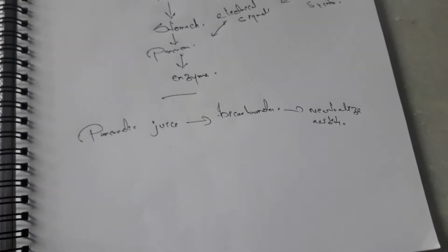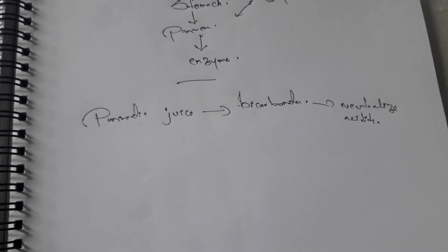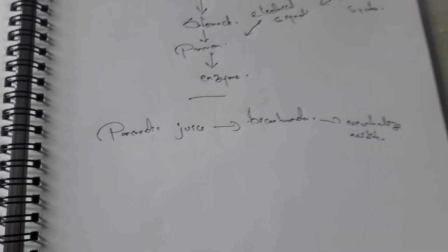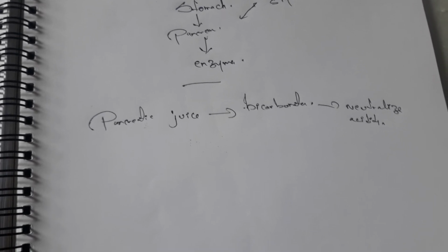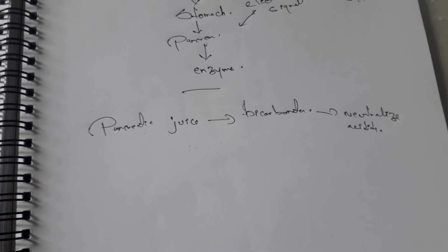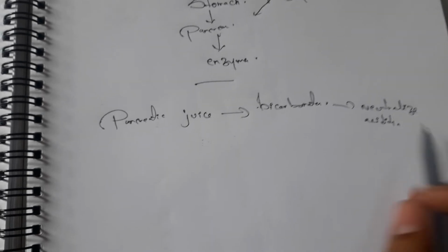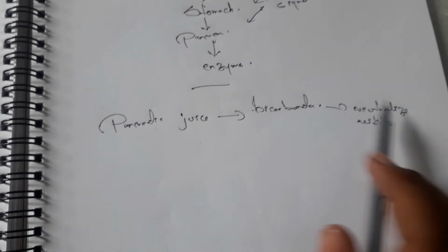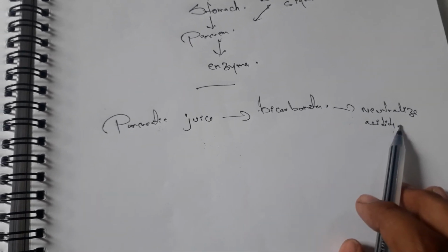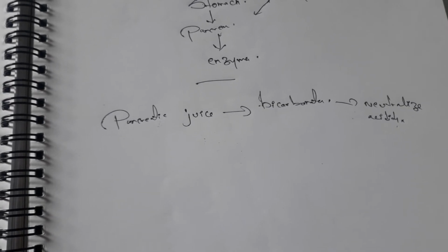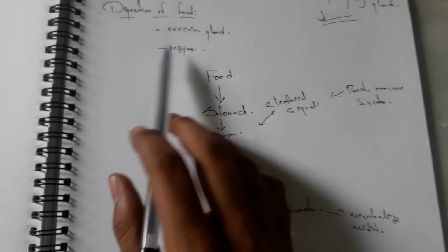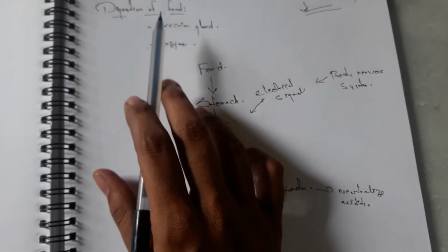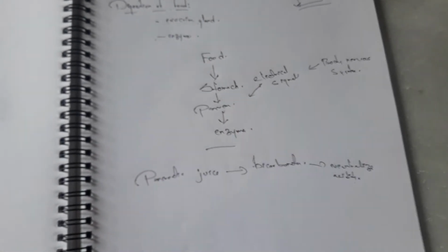Whenever chyme enters the stomach, our stomach produces HCl, the acid, which helps in the digestion of the food. The pancreatic juice will help in neutralizing the acidity. And the enzymes produced by the pancreas break down carbohydrates, proteins, and lipids, which is how the food is digested.